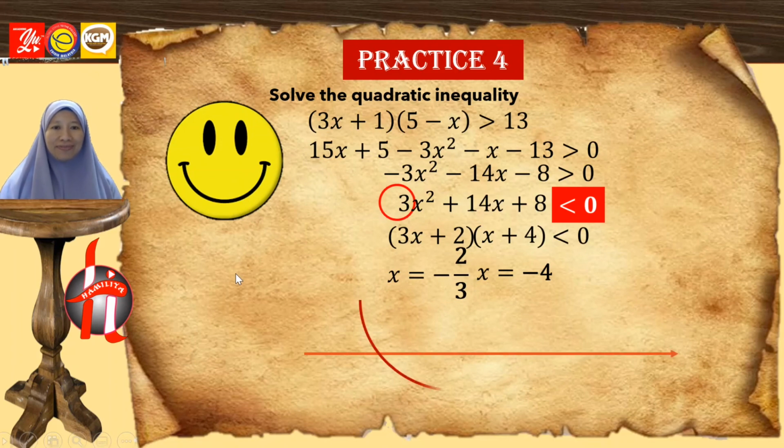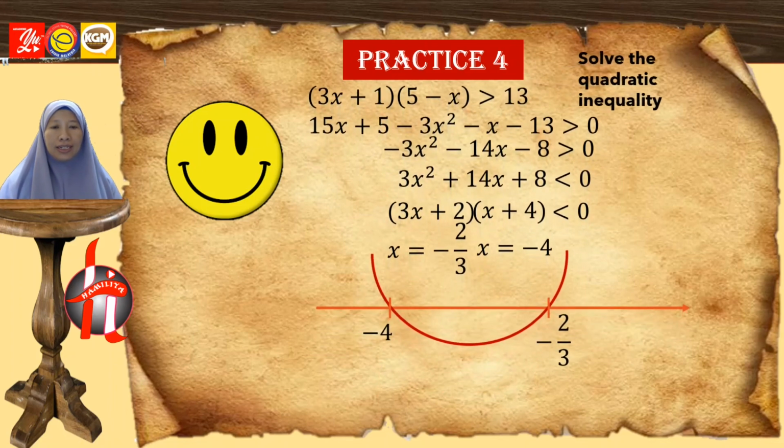Alright, and then we label the root, and we identify the part where the function is less than 0. So when it's less than 0 means the bottom part of the graph, the line below the x-axis, this part.